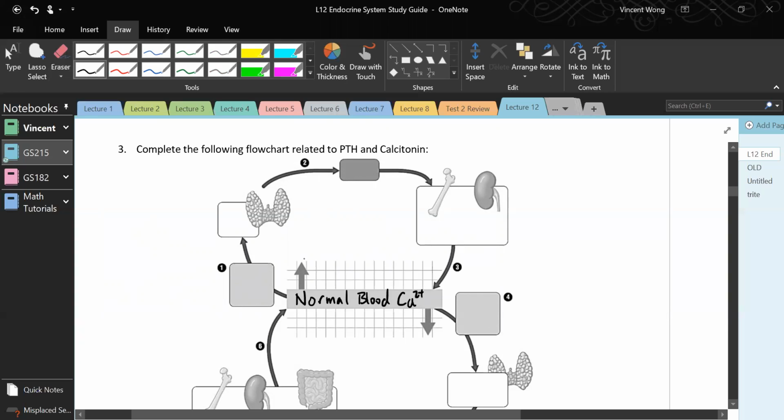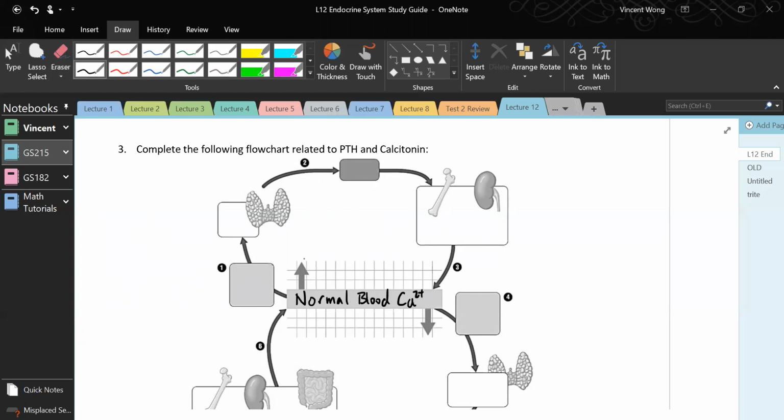We cannot have too much calcium, because calcium is needed for muscle contraction, for example. If you have too much, you might have twitching of the muscle, a little bit of muscle spasm. If you have too little, you might have muscle weakness. That's just one of the many functions of blood calcium.